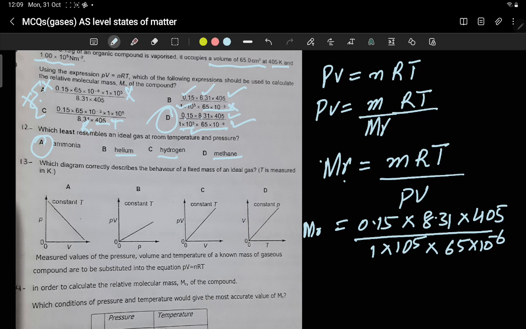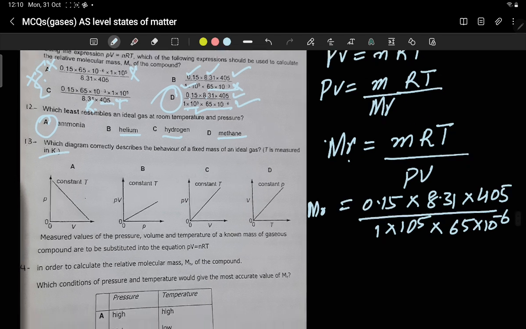Which diagram correctly describes the behavior of a fixed mass of an ideal gas? T is measured in Kelvin.